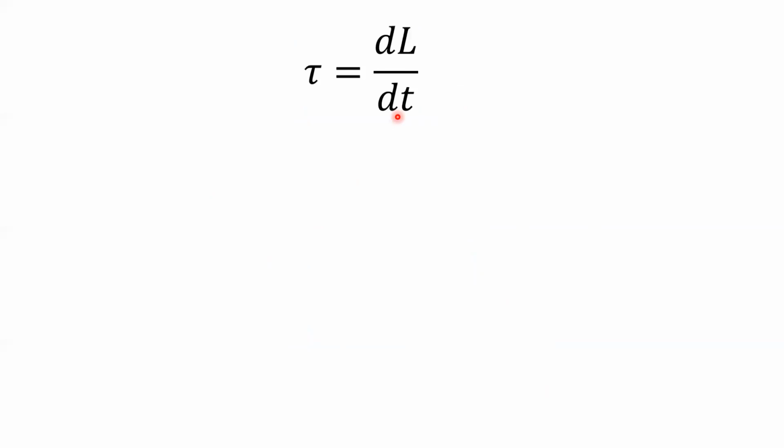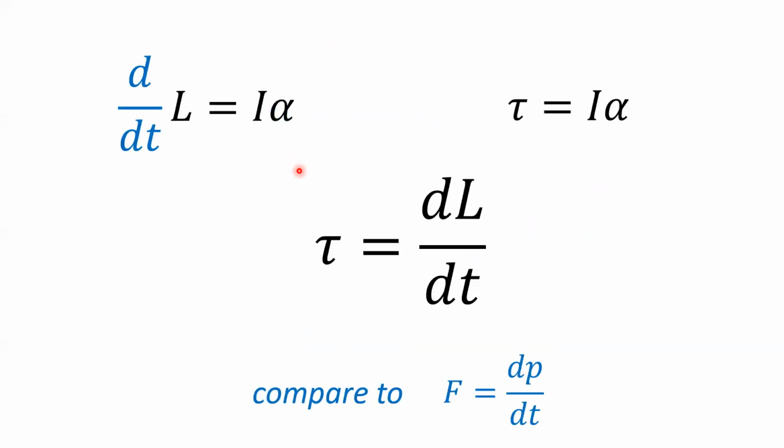And if you think back to where I got this, it was remembering this equation, right? That's how I made the identification of torque with dL dt. Well, this equation came from a derivation where it's understood that torque is really the external torque. This tau represents the sum of all the external torques.